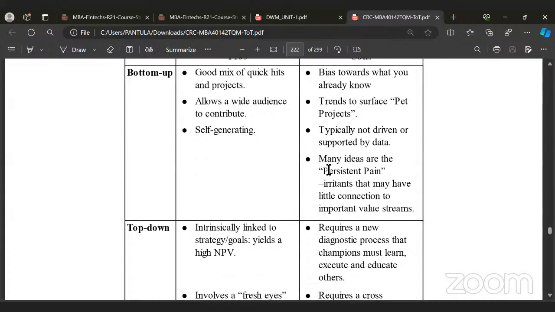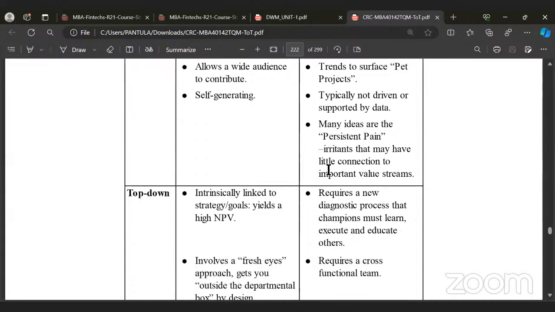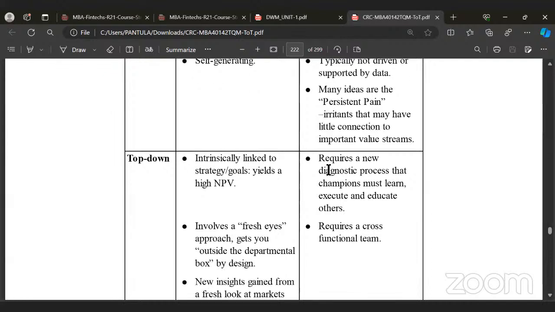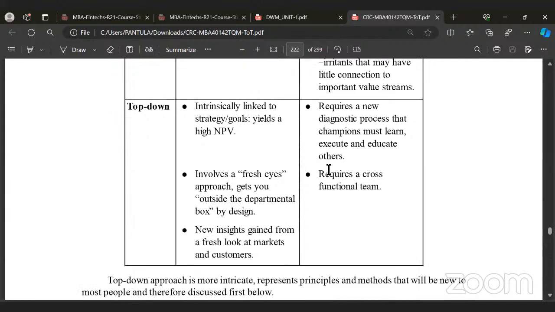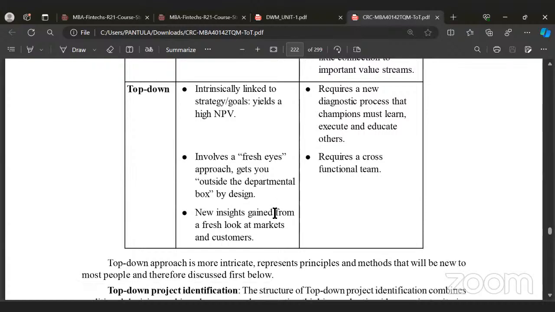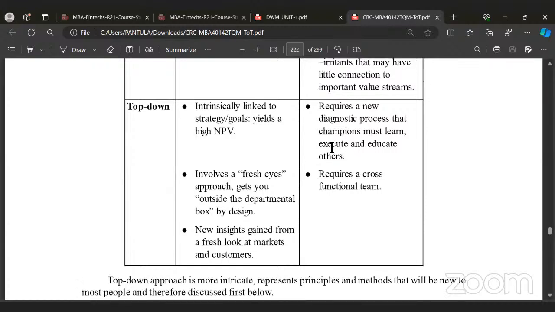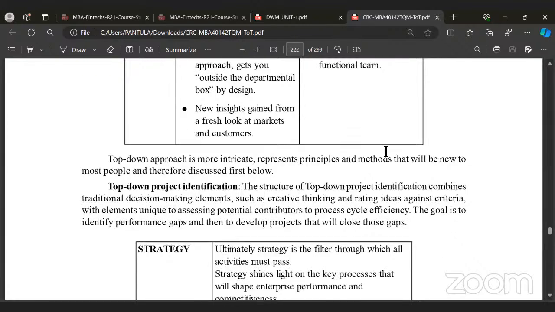Many ideas are persistent. So top-down: here the link is the strategy and goal. It involves the fresh eyes approach. Get outside the department box. New insights are generated. It requires a new diagnostic process, and champions must learn, execute, and educate others. So these are the things.